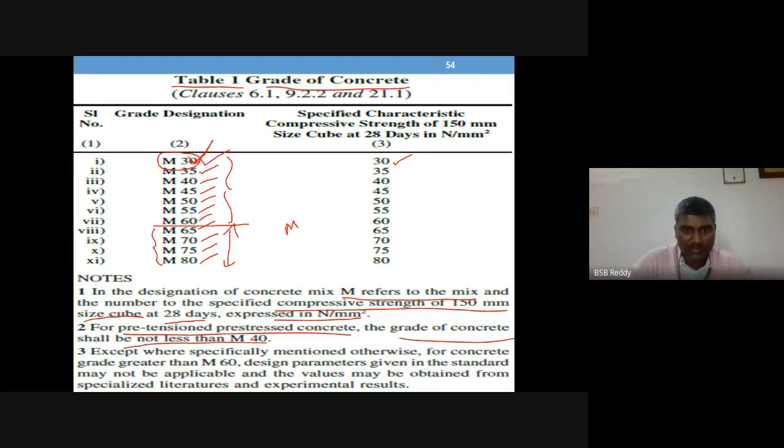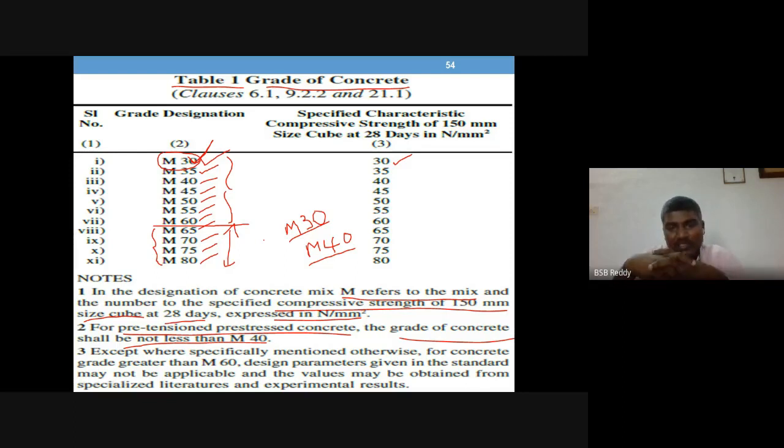So remember, M30 concrete and M40 concrete. These are the two grades of concrete that are of specific need. So M30 is for post-tensioned pre-stressed concrete members.